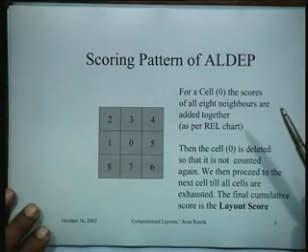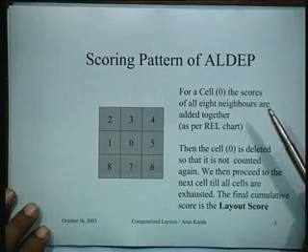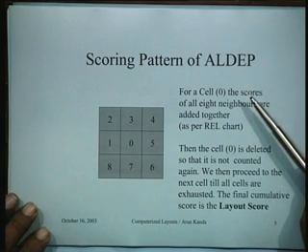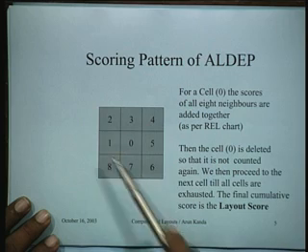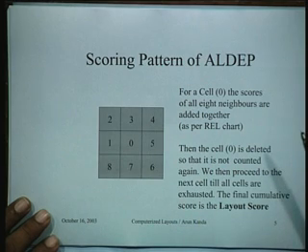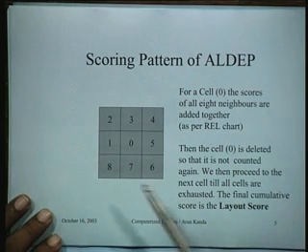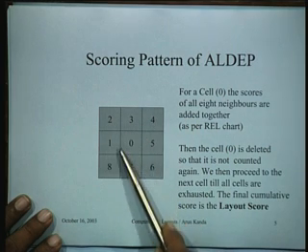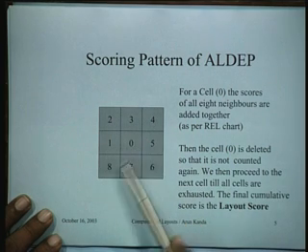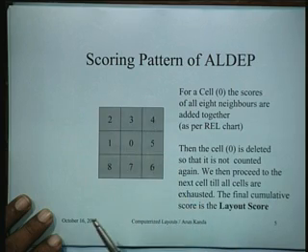Let's see the scoring pattern of ALDEP. What is being done when you are scoring a particular layout? For purposes of scoring the layout, you divide the entire area into equal sized squares. If you are looking at one particular square, let's say we are focusing on cell 0, each cell will have 8 neighbors, which are shown here.